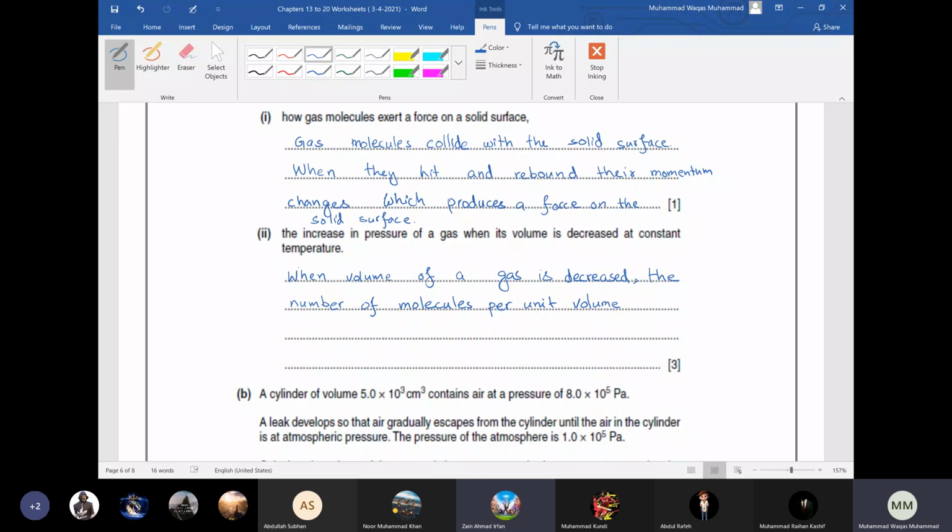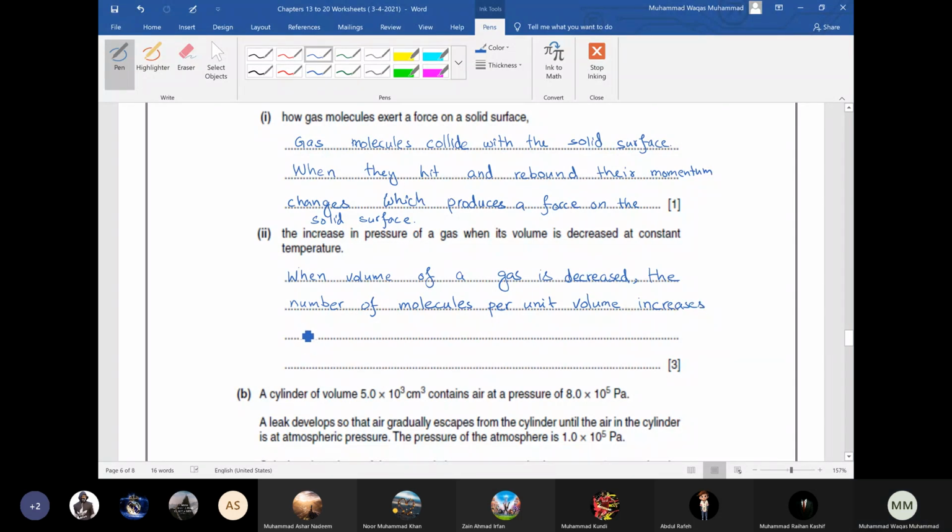So beta, please can you complete this sentence? When the volume of a gas is decreased, the number of molecules per unit volume. So it increases. Shabash. Number of molecules per unit volume increases. Okay.